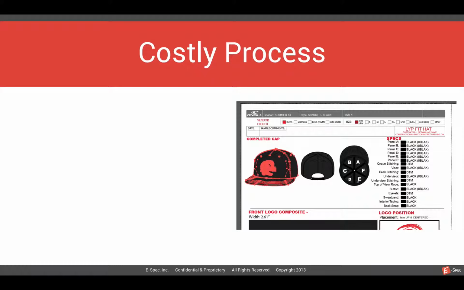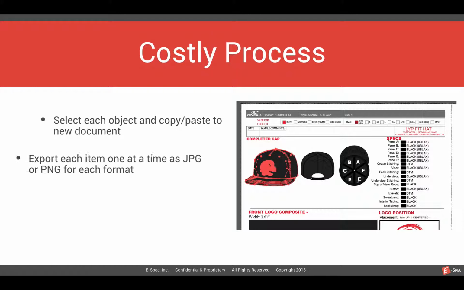In a typical Illustrator file, we have a collection of content that is not always organized for quick and easy export. A designer will often have to copy and paste each item into a new document and export those items one at a time as either JPEG, PNG, or other file format, or sometimes both.